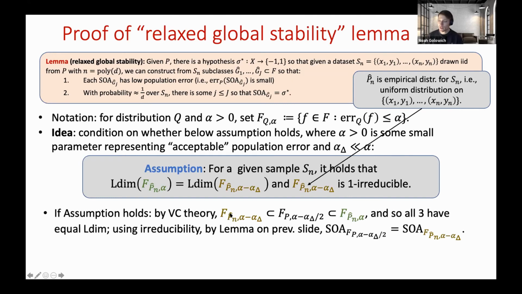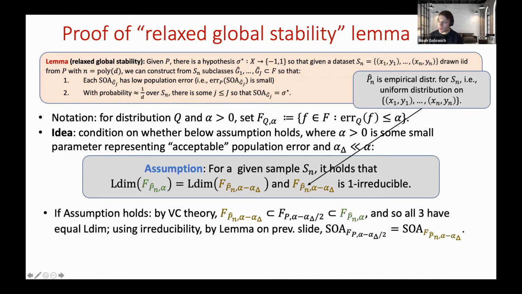So in particular, that lemma showed that if you have two classes, one contained in the other, that have equal Littlestone dimension, and we have irreducibility of the first, then the SOA hypotheses are equal. And that's exactly what we're using here.